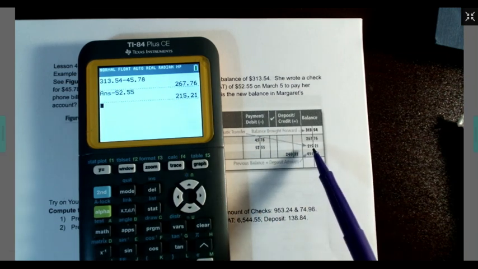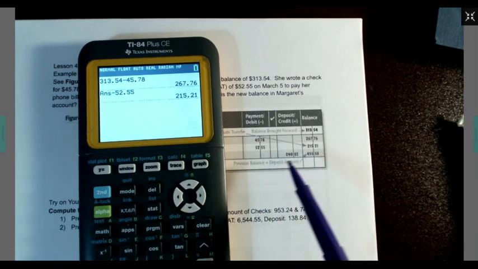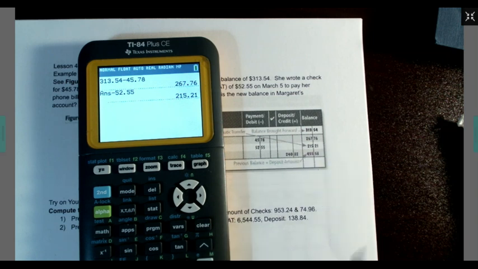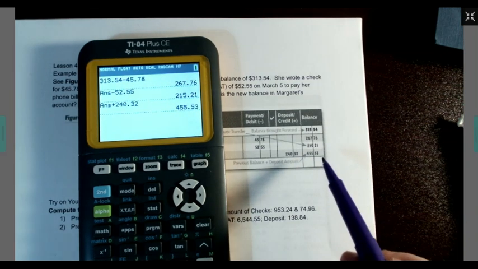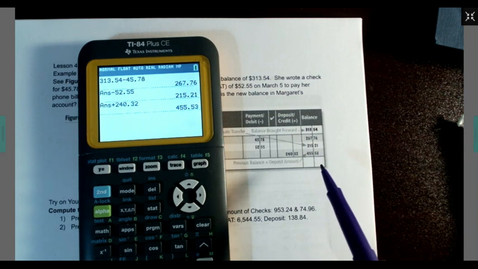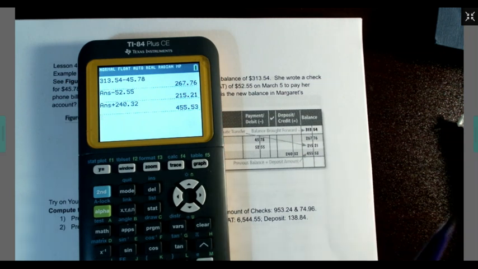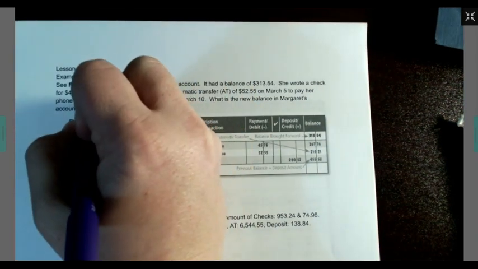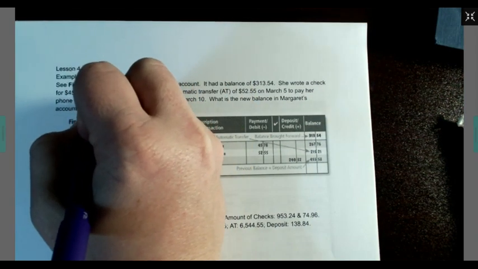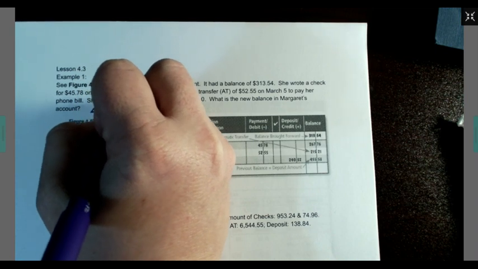That gave me the 215.21. This last, remember, was a deposit we're putting into our account, so that was a plus of 240.32. And we have an ending balance of 455.53. So the new balance in the account is 455 and 53 cents.